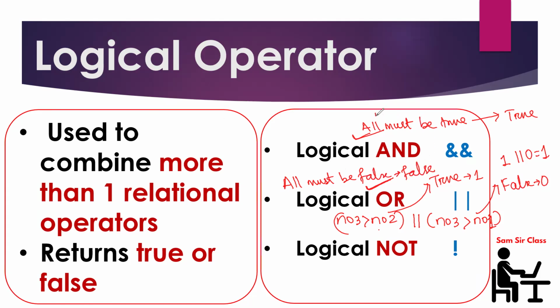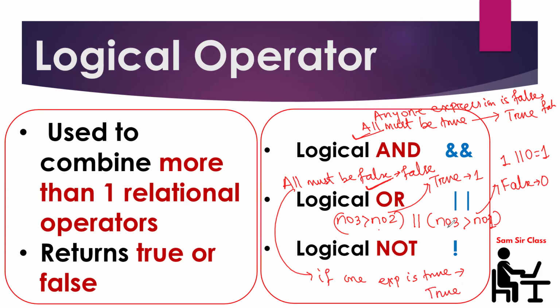In AND, if any one expression is false, then the entire expression is false. In logical OR, if one expression is true, then the entire expression will be true. That is the difference between logical AND and logical OR.